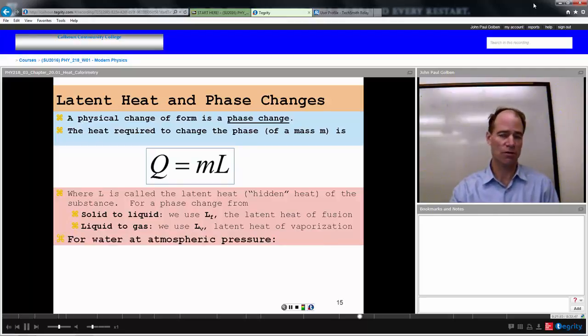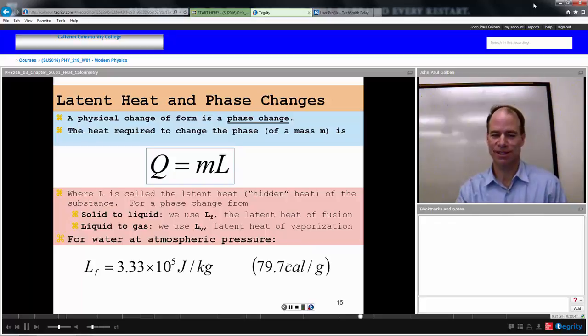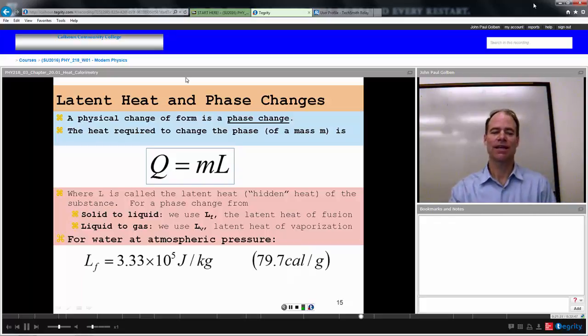For water, which is what we're most interested in, the latent heat of fusion in SI units is 3.33 times 10 to the 5 joules per kilogram, which can translate as 79.7 calories per gram, and we possibly will just round this to 80 calories per gram.